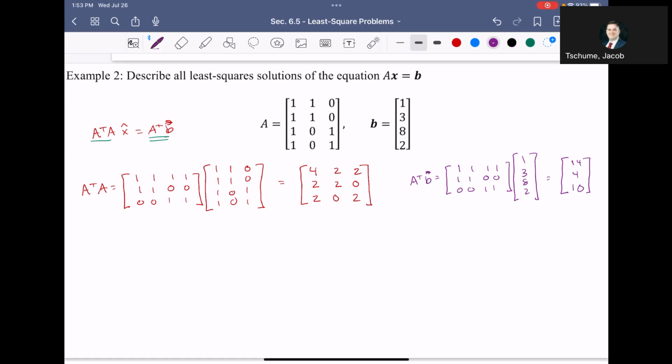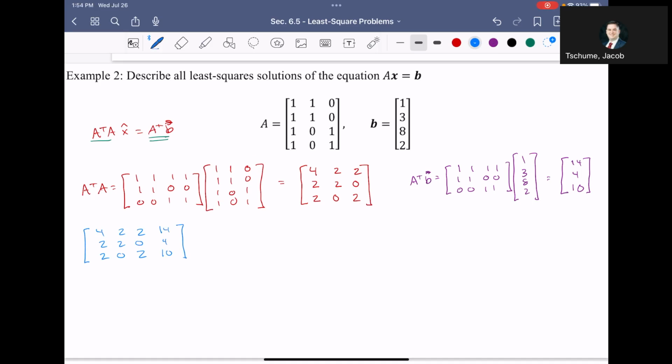So now that I have both bits of information, I can set up my augmented matrix, beginning with A transpose A, which is 4, 2, 2, 2, 2, 0, 2, 0, 2. And we augment it with A transpose B, which is 14, 4, 10.